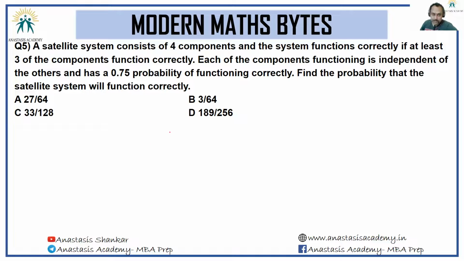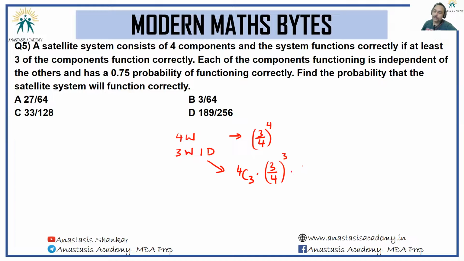So the cases when the satellite system will function correctly is when all 4 are working, or when 3 are working and 1 is defective. All 4 working is given by 3 by 4 as the probability for 1, and all 4 of them given by this. 3 working and 1 defective: which 3 are working? 4C3, you select that. For the 3 that are working, their probability is 3 by 4 per 3, into 1 by 4, the probability of the defective one.